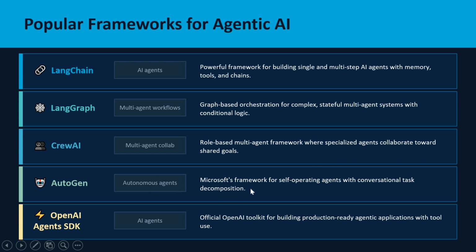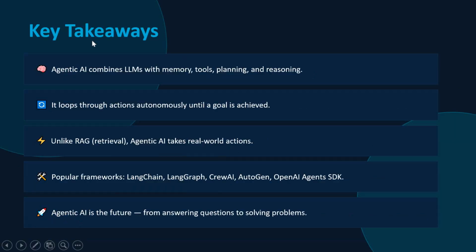AutoGen is a Microsoft framework for autonomous agents with conversational task decomposition. The OpenAI Agents SDK is the official OpenAI toolkit for building production-ready agentic applications with tool use. So these are the different popular frameworks that we can use.